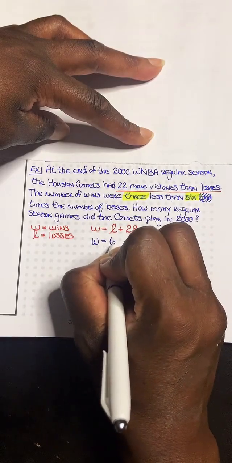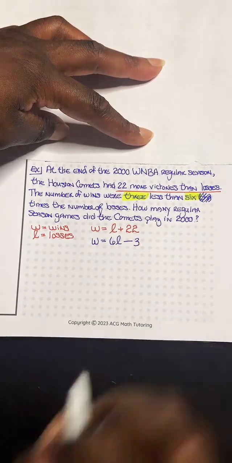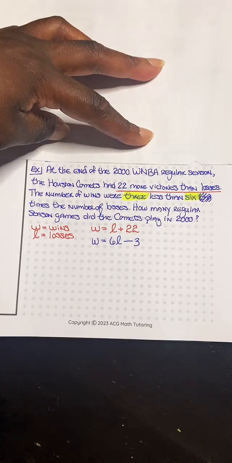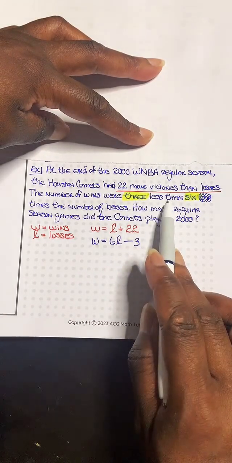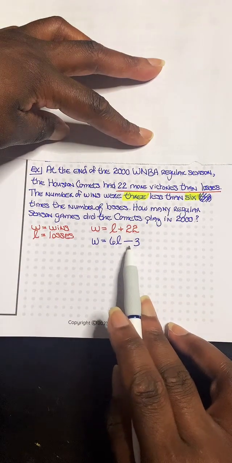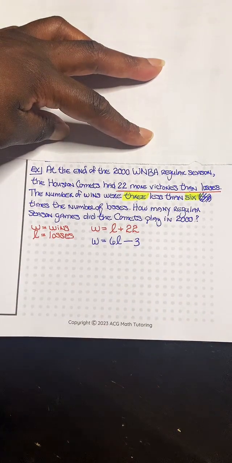So that would be 6L. Okay. Yep. So user 4563, just switch them around because it's saying 3 less than. So that means the 3 is going to take over that minus sign. All right.